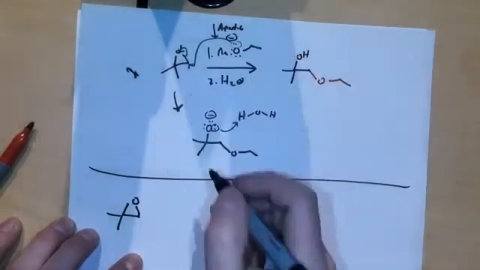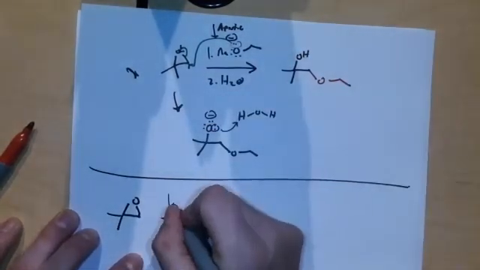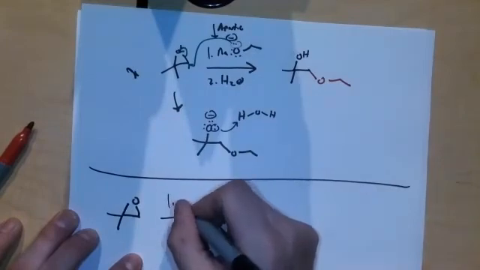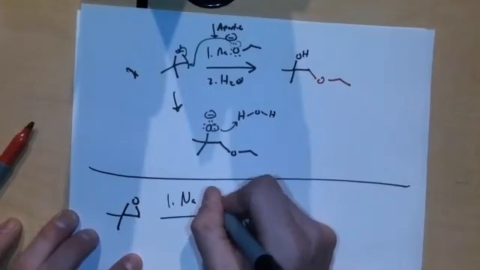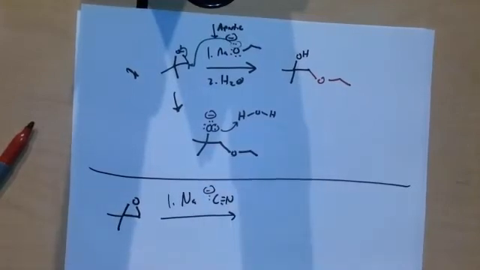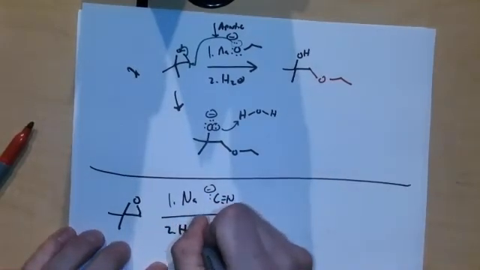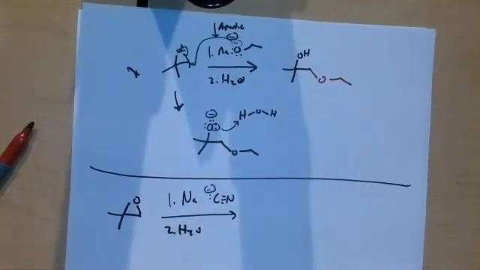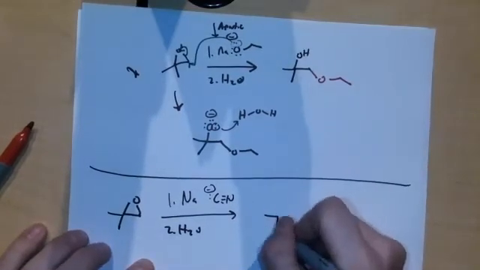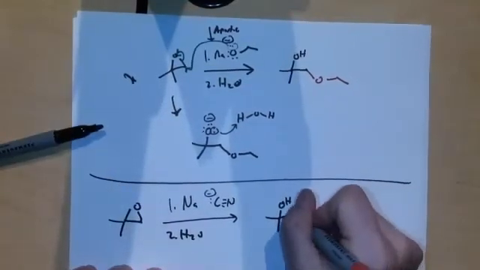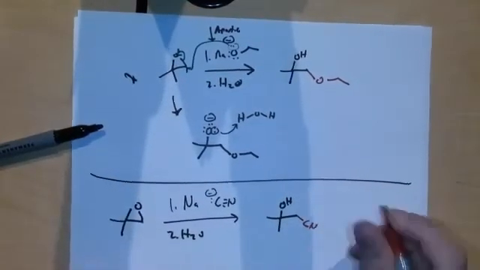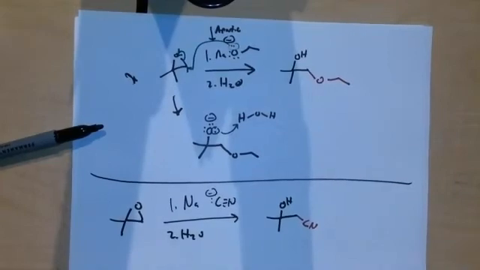So instead of ethoxide here, if we come in with NaCN, so CN as a nucleophile, followed by water, we are going to get almost the exact same product. OH here, CN here.